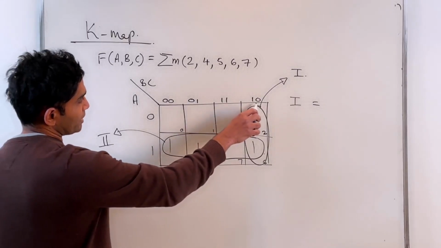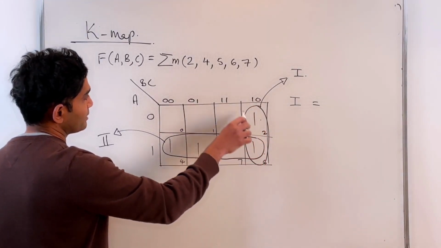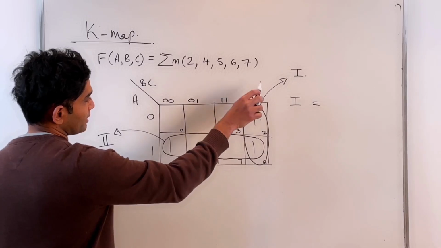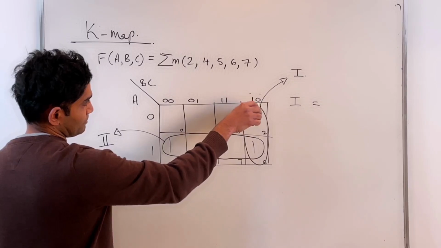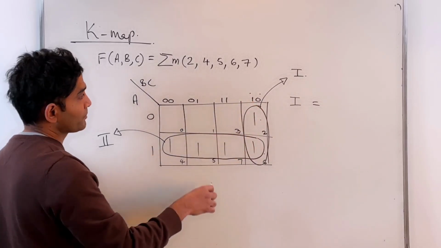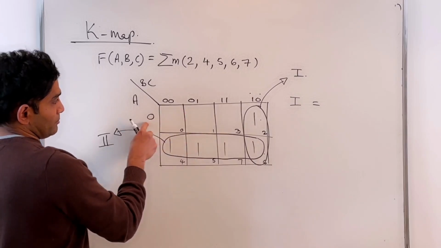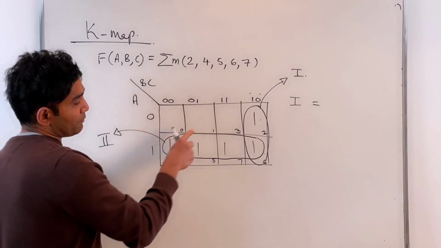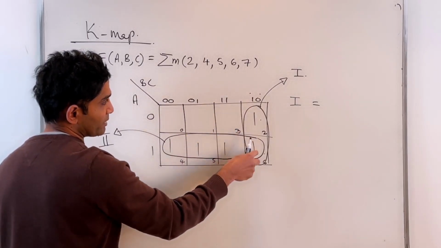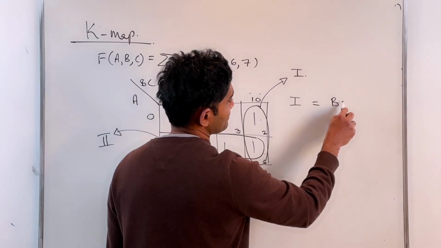The variables that do not change are B and C, B existing as B, C existing as C prime, right? In these 2 cells, A gets eliminated. A changes from 0 to 1. So A is eliminated. The ones that do not change are B and C prime.